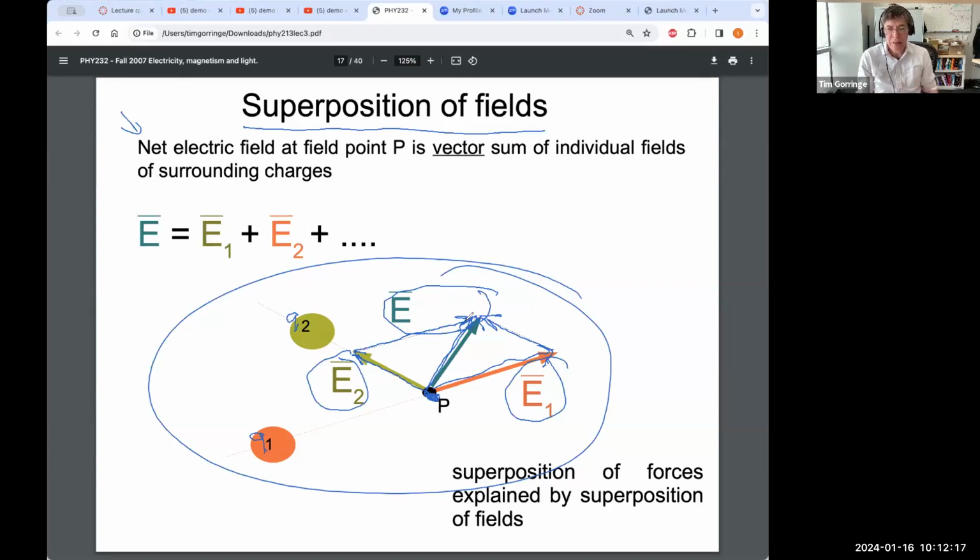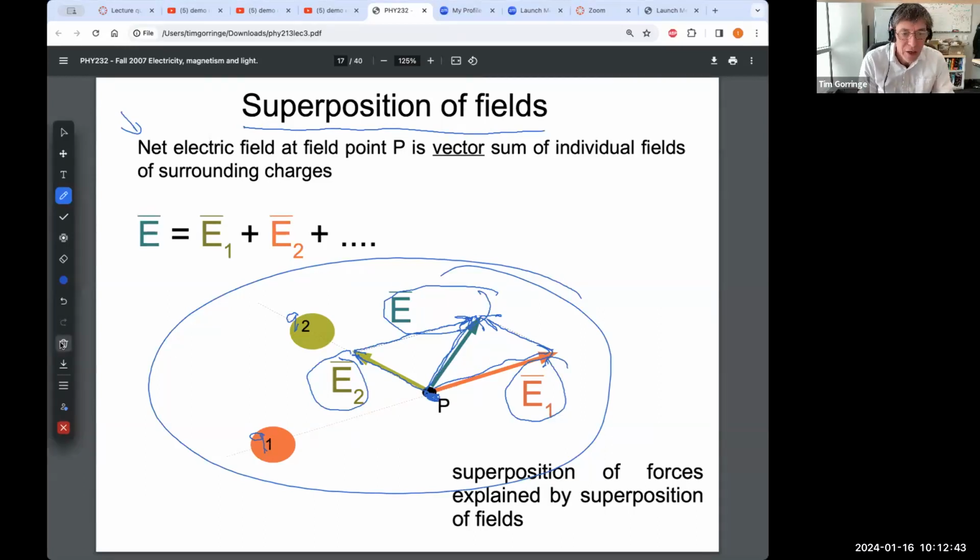The mechanism is that the electrical fields that are carrying the forces, conveying them, mediating the forces, add together. They superimpose to make a total electrical field that creates a total electrical force. And so that's how superposition of forces is underlied, is built on the foundations of superposition of fields.